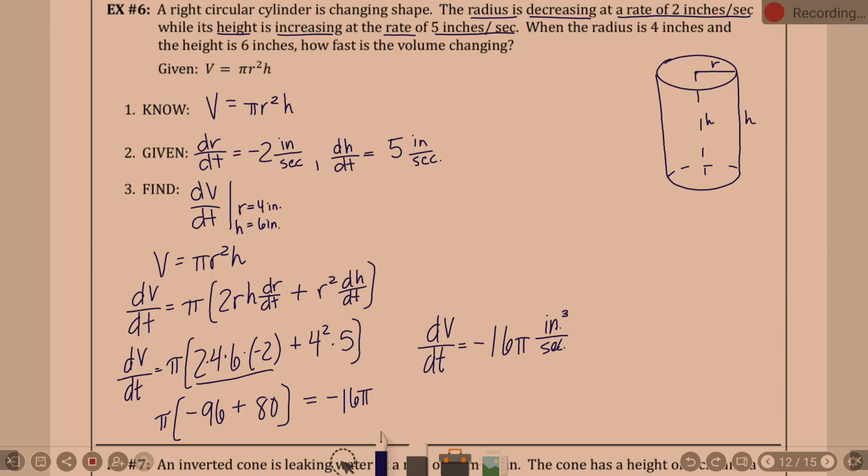I wrote inches cubed per second, but same thing. So your negative 50 something is probably equivalent then. I was just estimating, like 16 times 3 is 48, so somewhere around that.